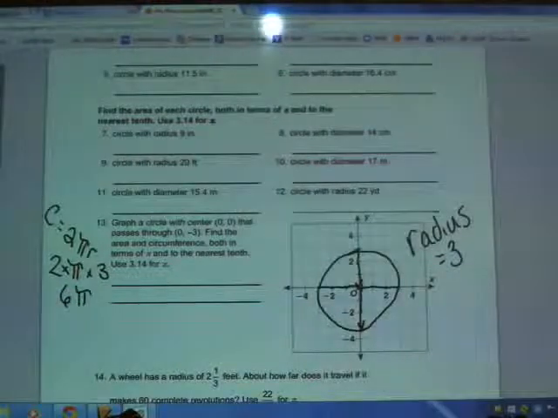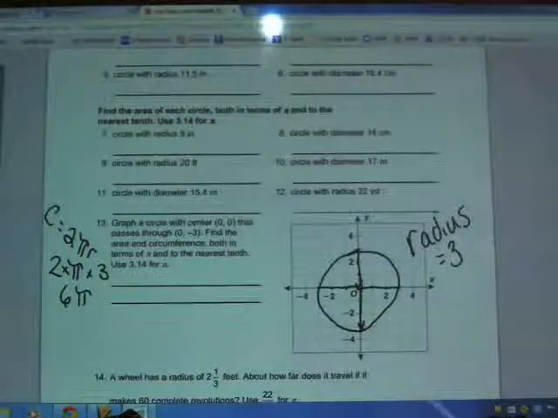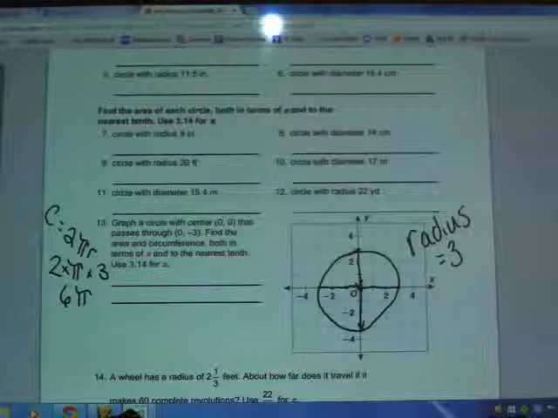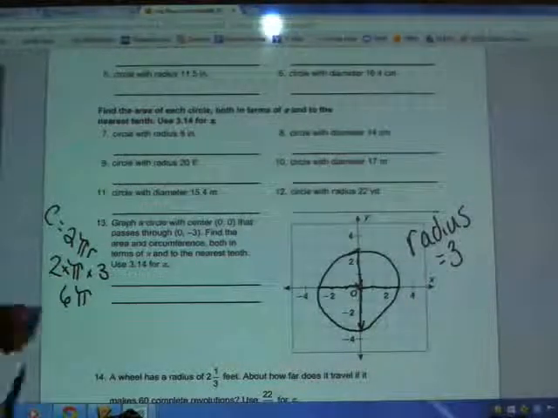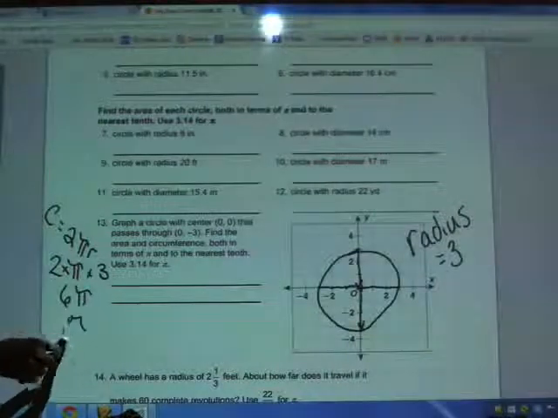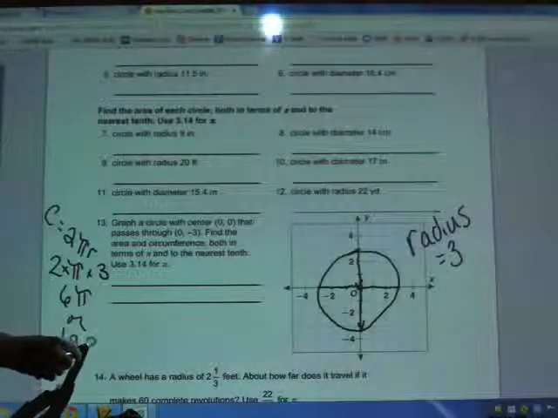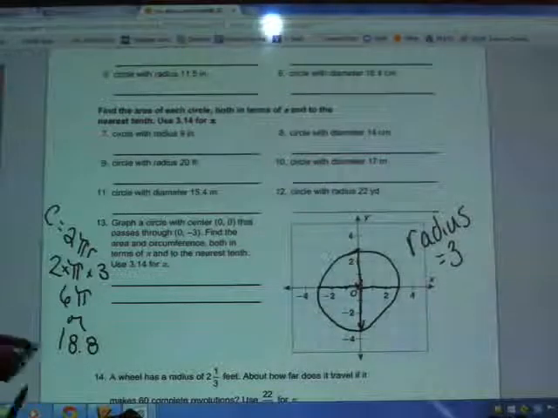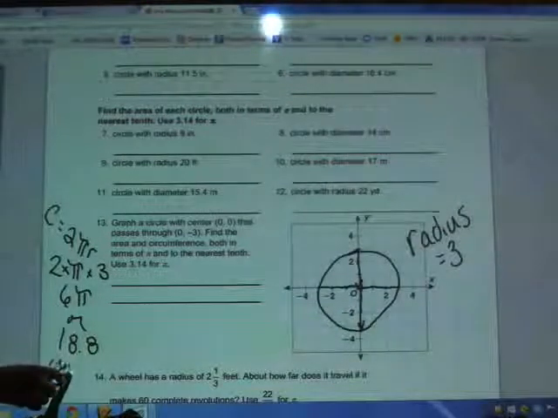That will be one of your answers because they wanted it in terms of pi. And then we're going to actually take pi and change it to 3.14 and multiply, and that's going to give me 18.84. If we're rounding to the nearest tenth, that's 18.8. And in either case, that's going to be just units because they didn't give us anything appreciable to work with like inches or feet.